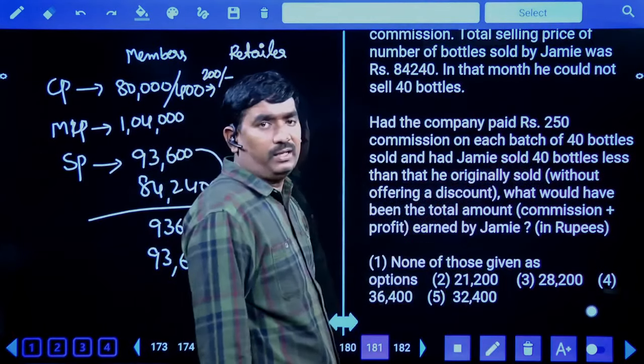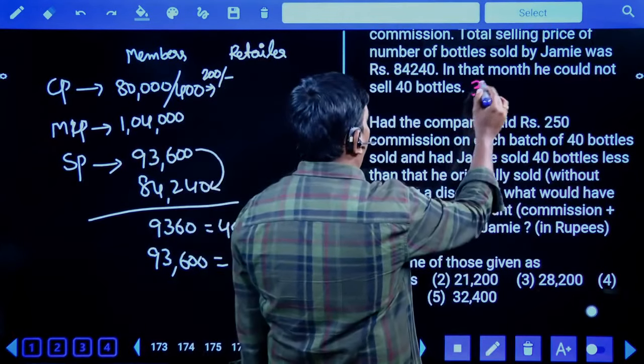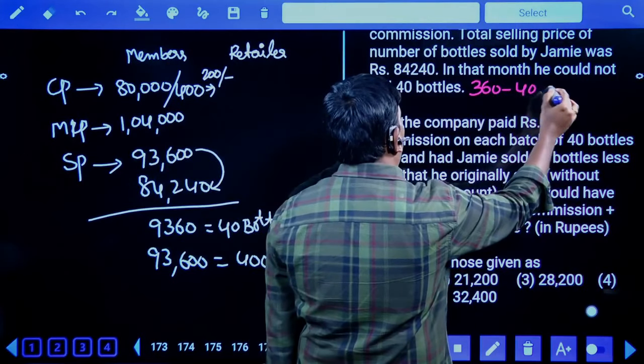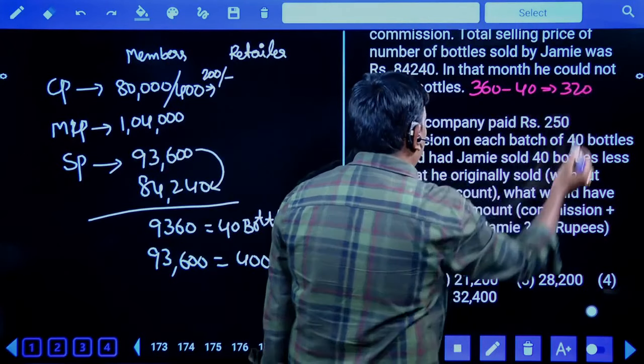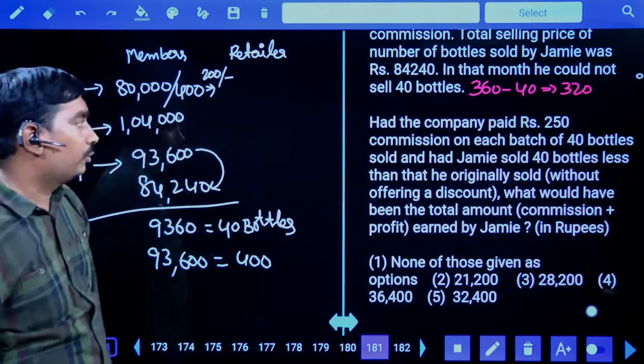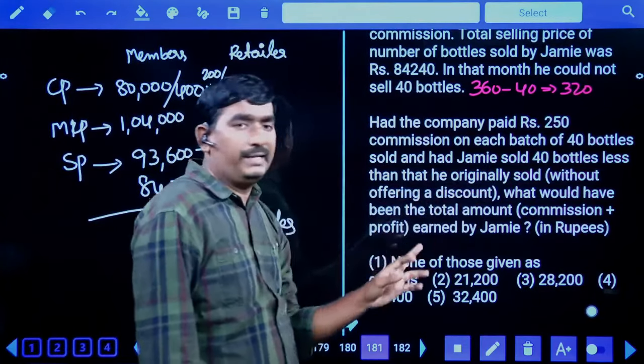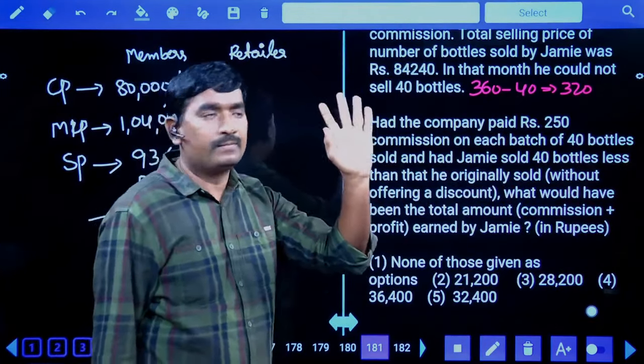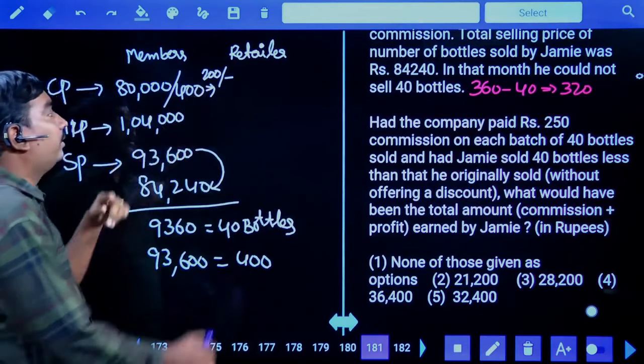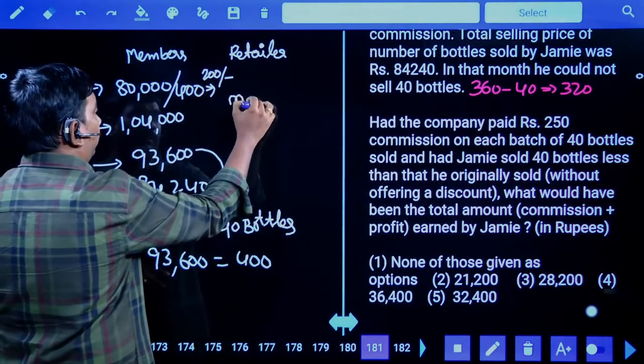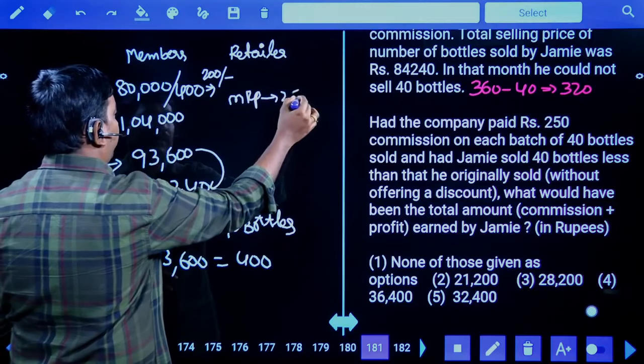Right now 40 bottles less. Out of 360, 40 bottles less means he sells only 320 bottles. Those 320 bottles without offering a discount means he sells at MRP.